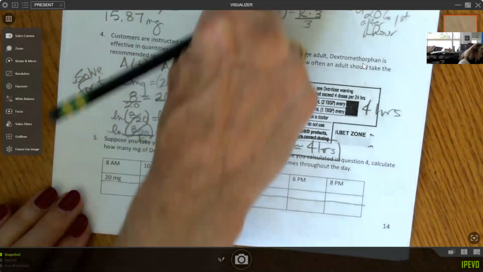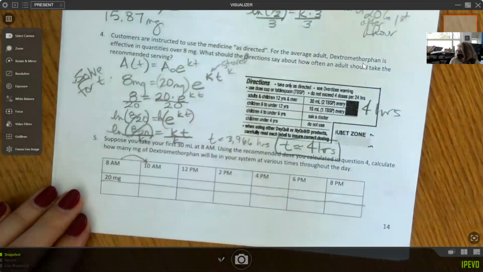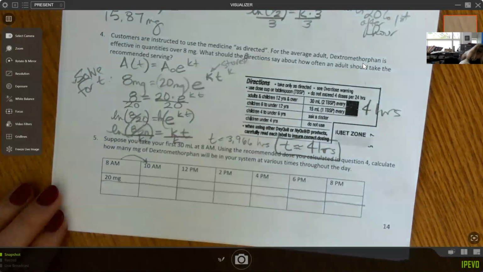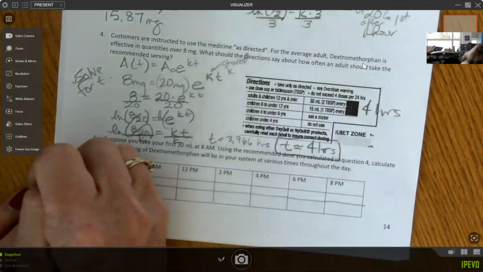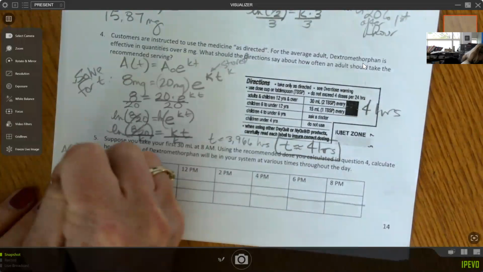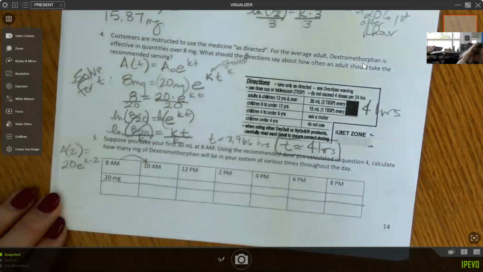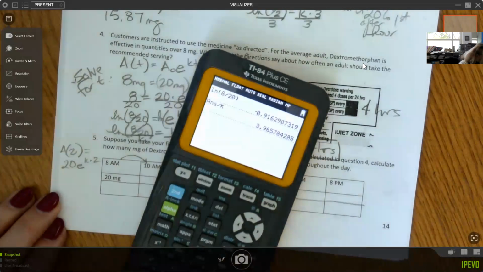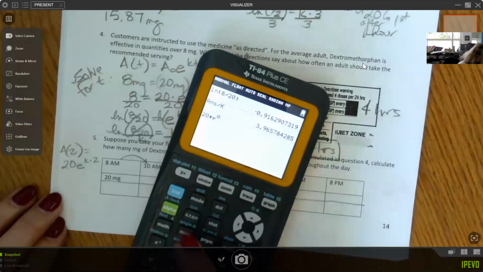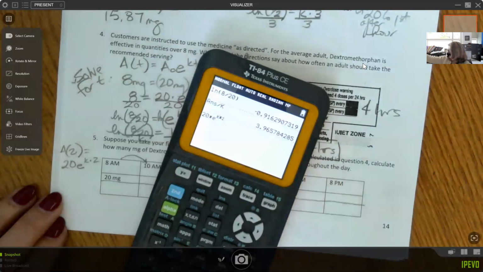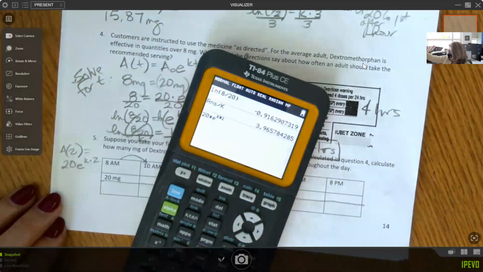We knew 3 hours, but from 8 a.m. to 10 a.m., how much is left after 2 hours? The way we do that, maybe I'll just put it here. The amount I'm going to have after 2 hours is going to be 20 times e to the k times 2, okay? So that's why it's so nice we have this stored, right? 20 times e to the stored k times 2. Is everyone good that this is how I'm going to figure out how much is left of the 20 milligrams after 2 hours?